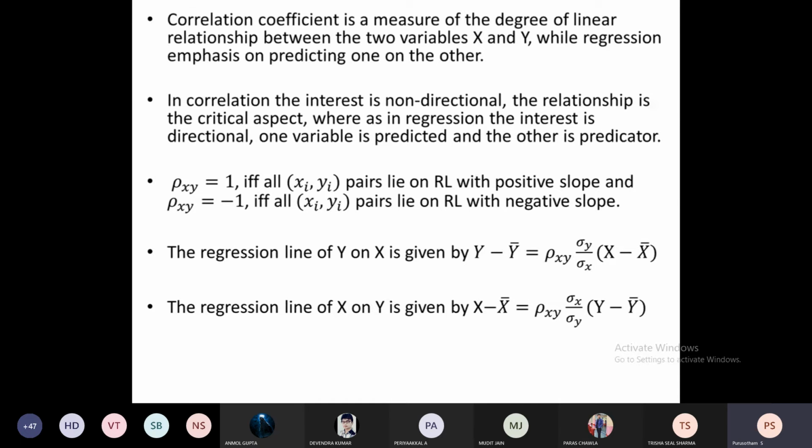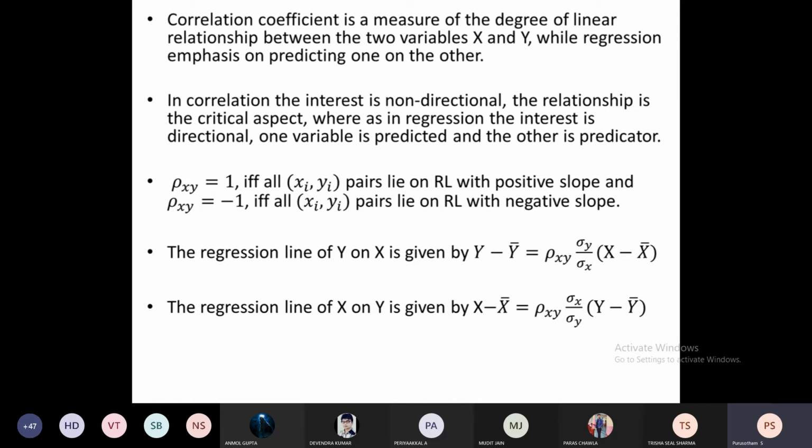A few more points. The correlation coefficient is a measure of the degree of linear relationship between the two variables, say x and y. It is always between +1 and -1. This rho xy lies between -1 and +1.